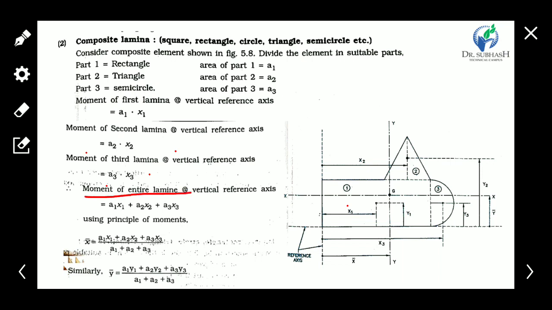So the moment of the entire lamina from the vertical reference axis is the summation of a1 x1, a2 x2, a3 x3. Using the principle of moments, we get this equation: x bar is equal to a1 x1 plus a2 x2 plus a3 x3 upon a1 plus a2 plus a3. Okay. Clear?